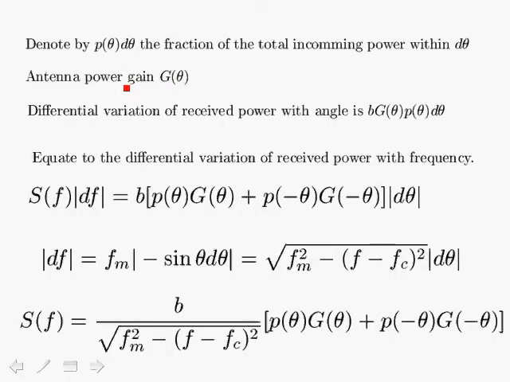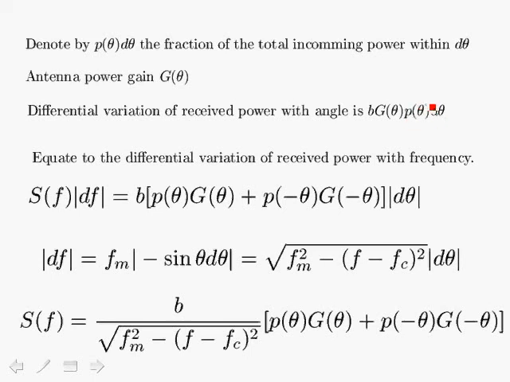Now the antenna has a power gain of G of theta, and antennas usually have a power gain which is a function of the angle. So the differential variation of the received power with angle would be equal to some constant b times G of theta, related to the power gain of the antenna, times the probability density distribution of the angle itself times d theta. So this is the amount of power, or the variation of power, within a small angle d theta.